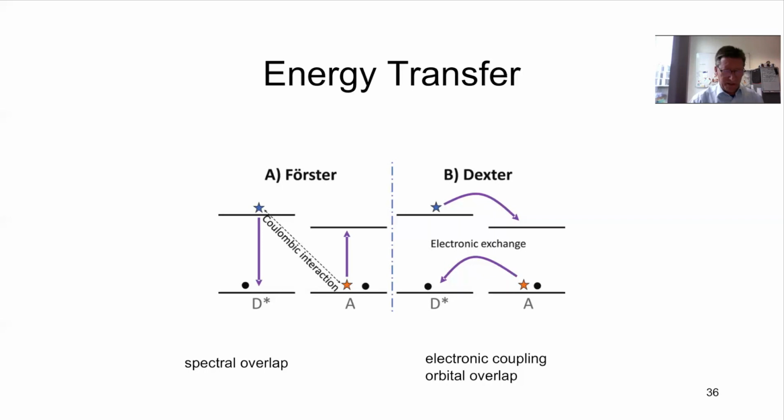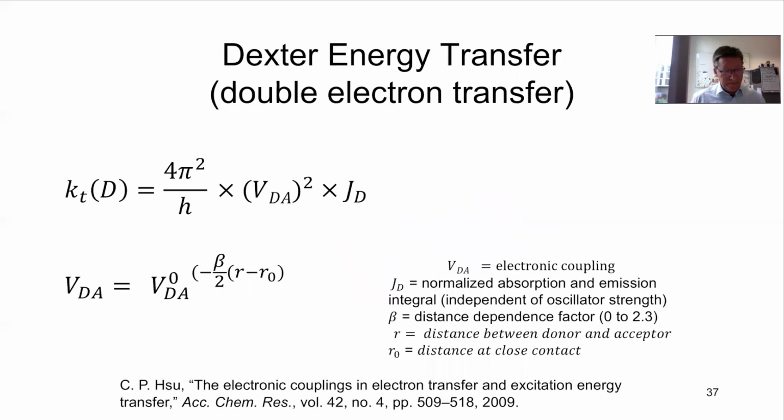Okay. That is the Förster mechanism. Now we will talk about the Dexter mechanism, double electron exchange, double electron transfer, and it is the electronic coupling. So it is the orbital overlap of the donor and acceptor that plays a role. This is the expression for the Dexter energy transfer rate.